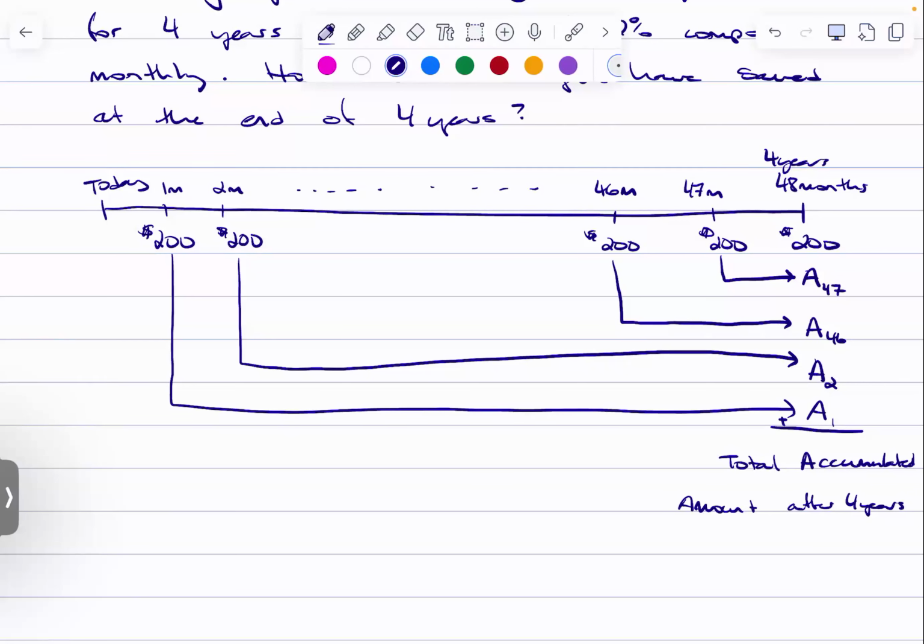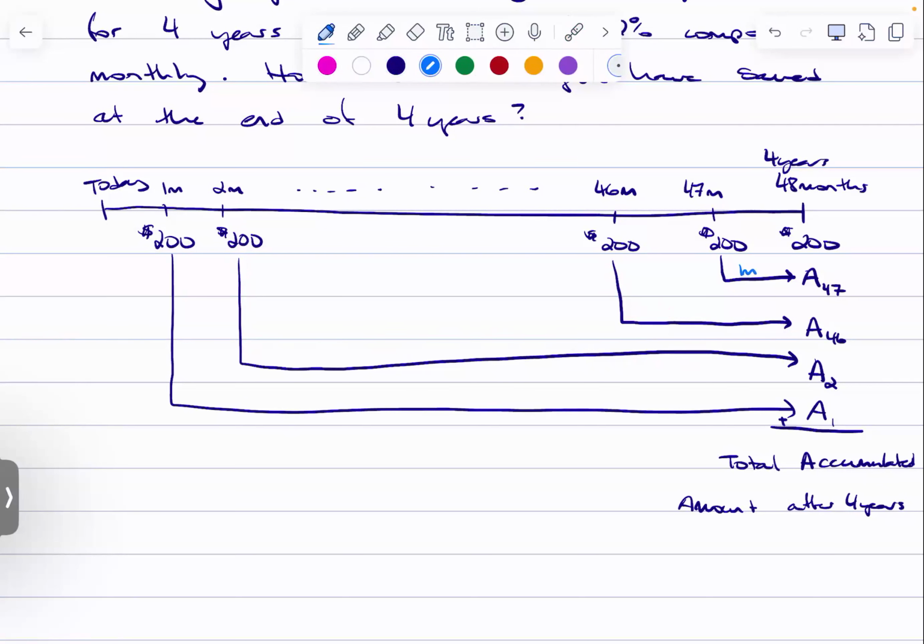As we've seen, though, we don't have to do this anymore, but it does explain why our formula has to be a little bit more complicated. Because we have to incorporate that this $200 sat there for only 2 months, whereas this $200 sat there for 46 months. And so we have to take that all into account. And maybe I'll add that here.